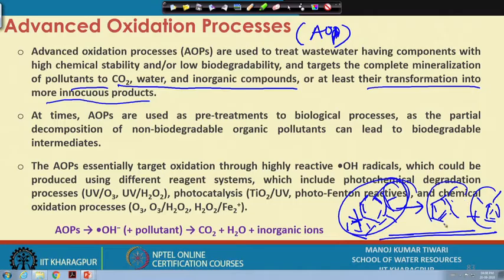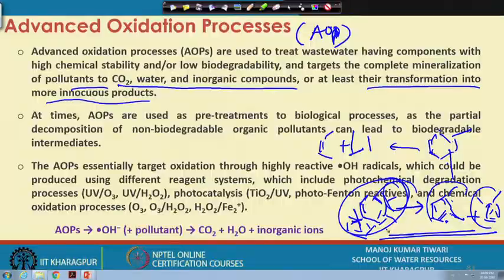For complete mineralization, this will be converted to a compound where, instead of two functional groups, you have now removed one. This can further be broken down to a compound like this, plus another compound. So it is a sequential step where degradation or decomposition takes place through various intermediates.